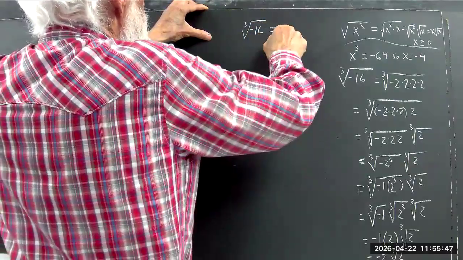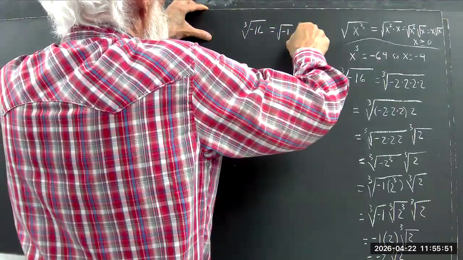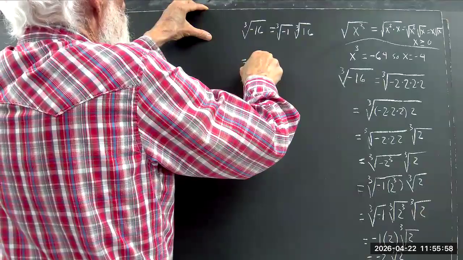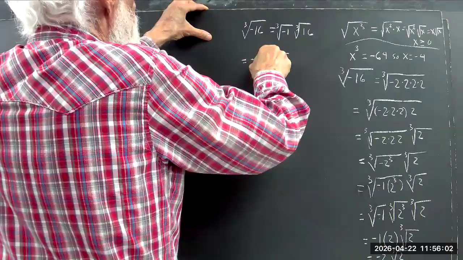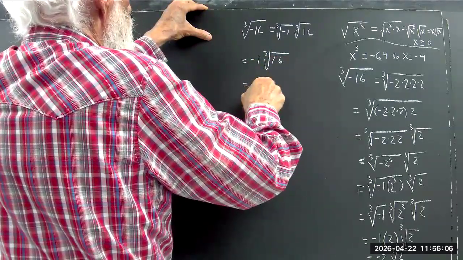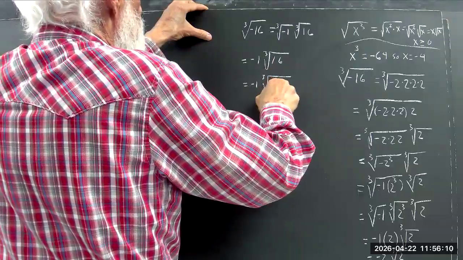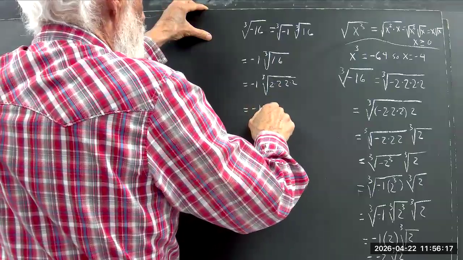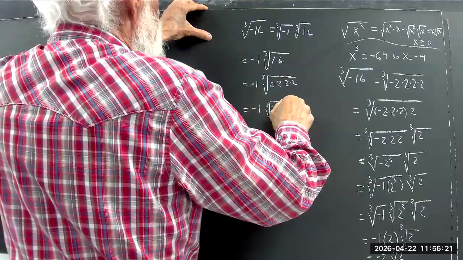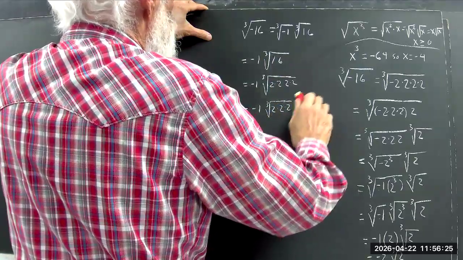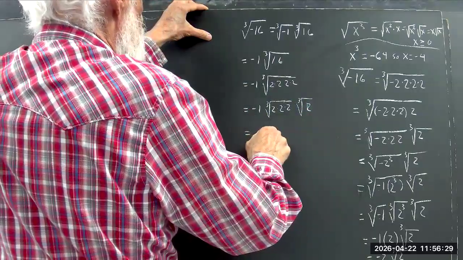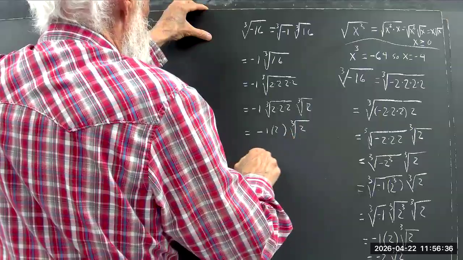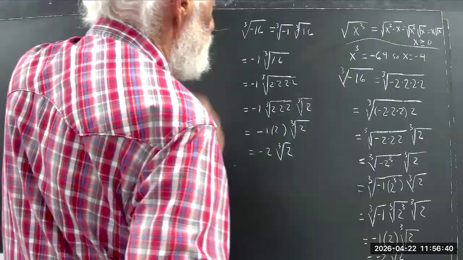Just start: the cube root of negative 16 is the cube root of negative 1 times the cube root of 16, which equals negative 1 times the cube root of 16, which is negative 1 times the cube root of the prime factorization, which is negative 1 times the cube root of 2 times 2 times 2 times the cube root of 2, which is negative 1 times 2 times the cube root of 2, which is negative 2 cube root of 2.